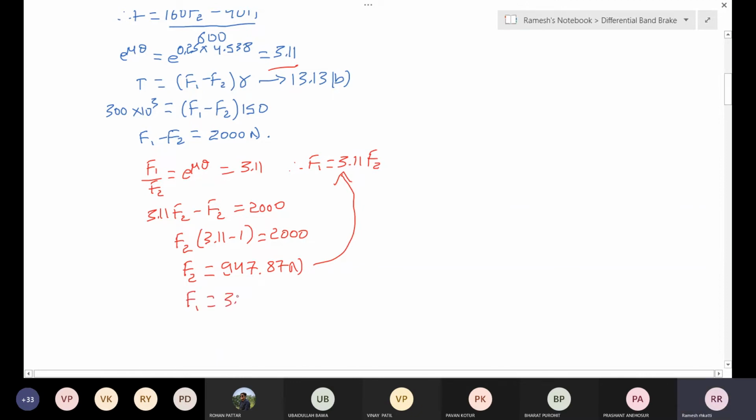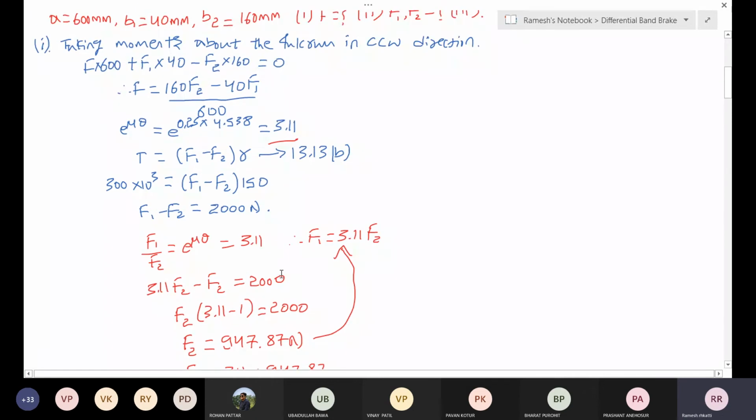F1 is equal to 3.11 into 947.87. From this, F1 is equal to 2947.87 Newton.